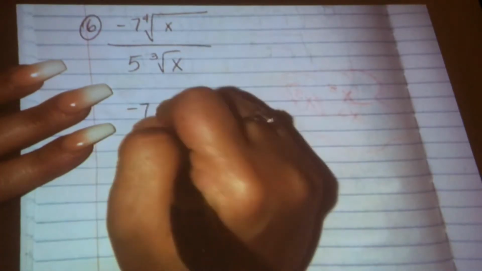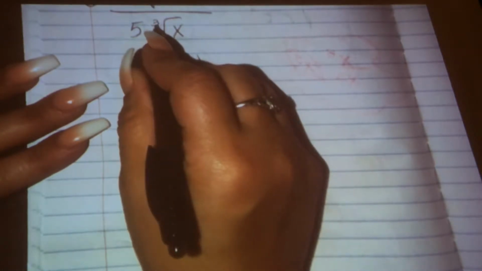This is the same thing as negative 7 times x to the what? If there's a fourth root this time, x to the 1/4. What about the denominator? 5 times x to the, what does this 3 mean?